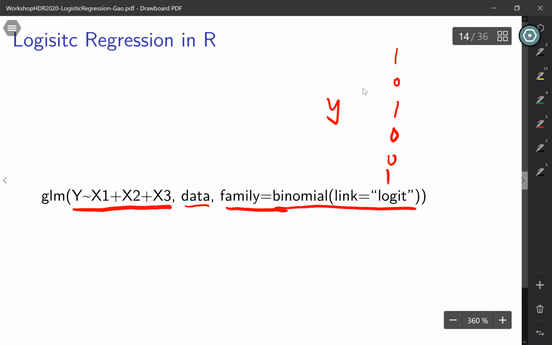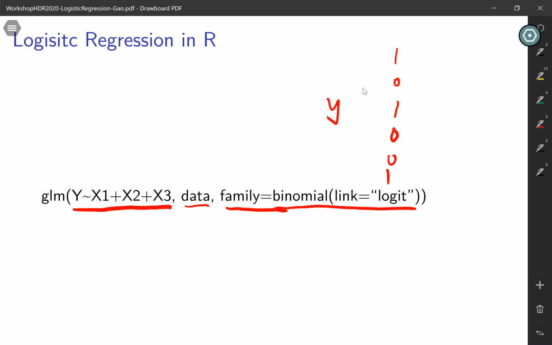And then the first part is very similar to ordinary multiple linear regression. And then data, of course, you have to specify. So this is just a very general setting for logistic regression. Later on, when I conduct logistic regression using real data, you'll see we are going to use this kind of code, GLM.